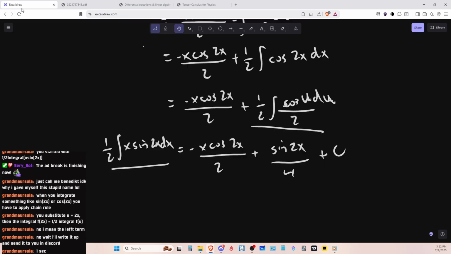It's just that they multiplied a half with this side. I mean, that makes sense because we're just trying to solve this part. So technically we are correct. It's just that you have to multiply a half on this whole thing here. Yeah, because when I think about it, we were just doing this part here.